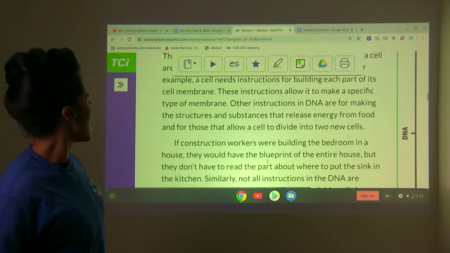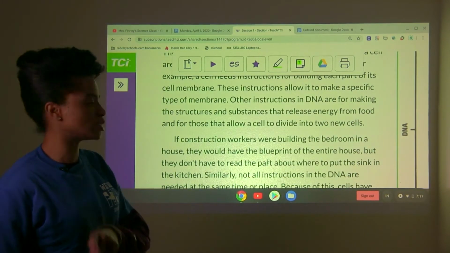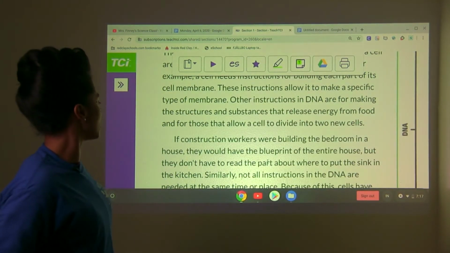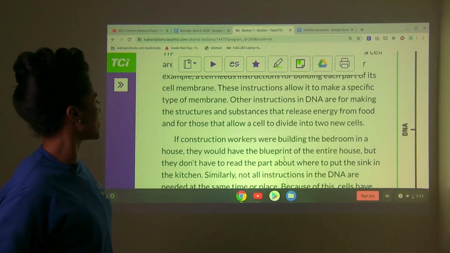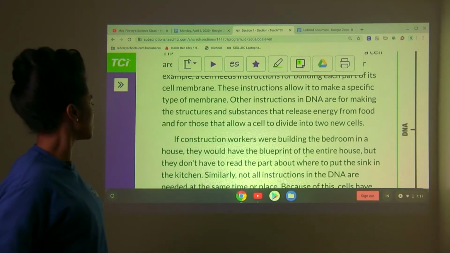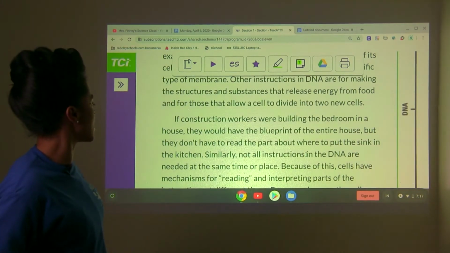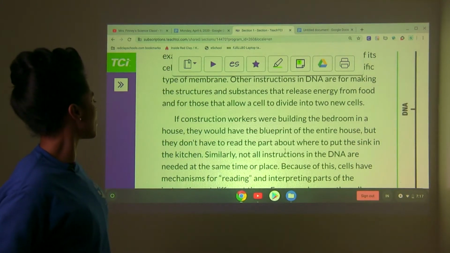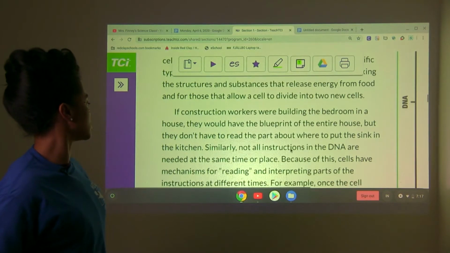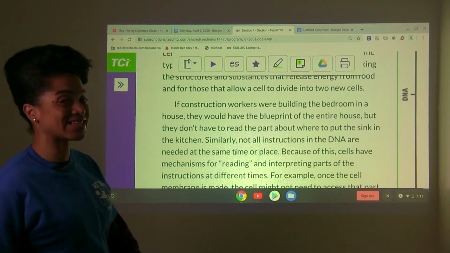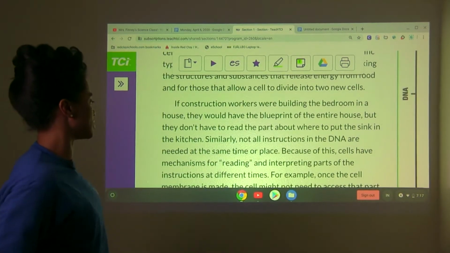If construction workers were building the bedroom in a house, they would have the blueprint of the entire house. But they don't have to read the part about where to put the sink in the kitchen. Similarly, not all instructions in the DNA are needed at the same time or place.